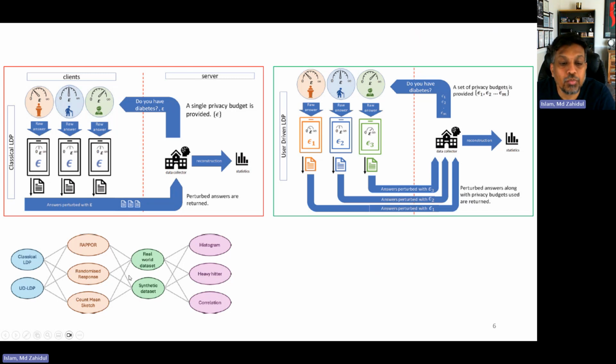And then we also used real world and synthetic data sets. We did a trick here. We used the Adult data set, which can be downloaded by anyone, publicly available in the UCI Machine Learning Repository. And that data set has many variables.